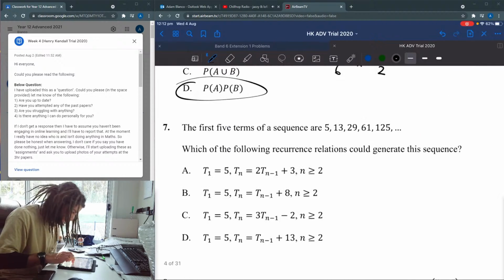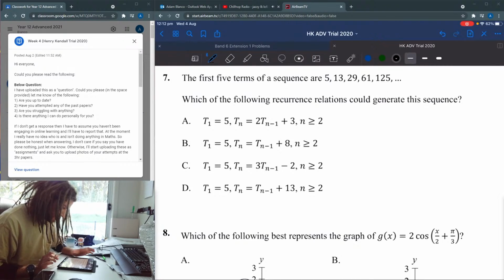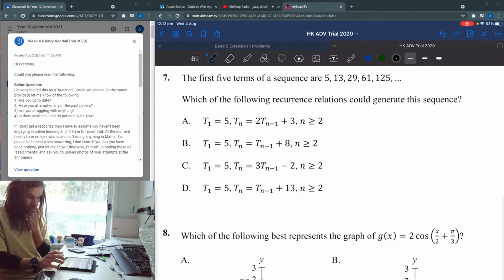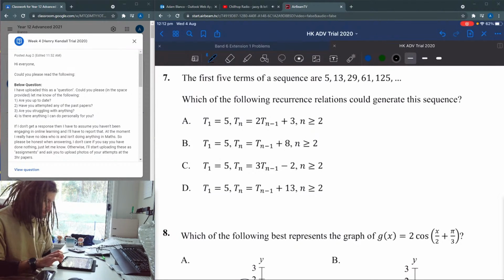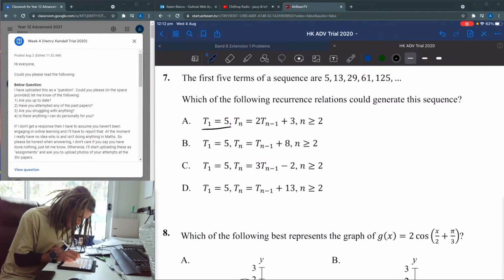Okay, the first 5 terms of a sequence are given. Which of the following recurrence relations could generate the sequence? Given this is a multiple choice question, I'd probably just go ahead and try them. If I start with 5, I'm just going to go through them. Start with 5, I need to double it and add 3.